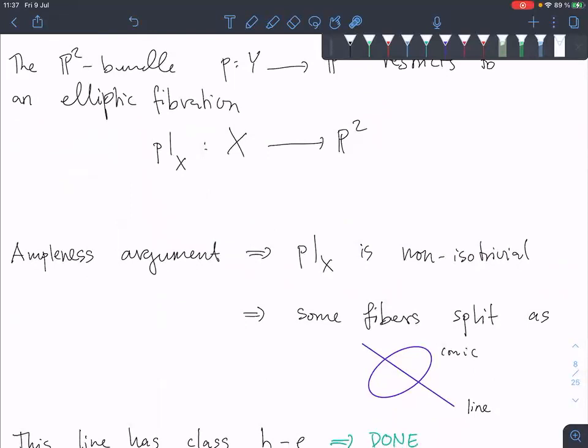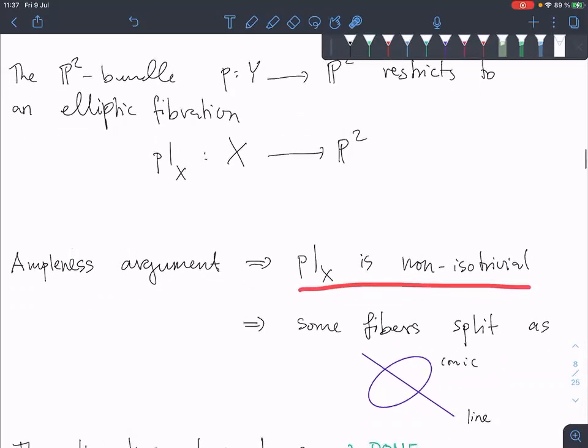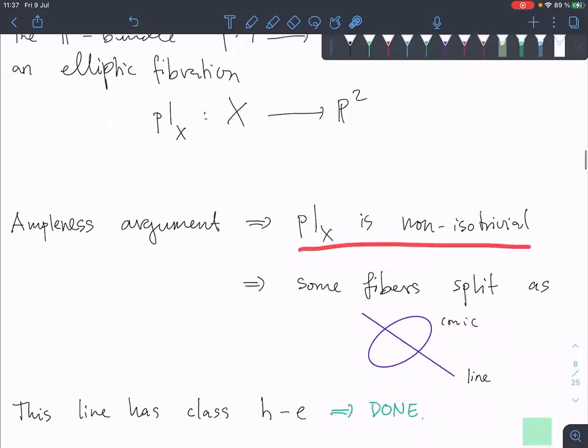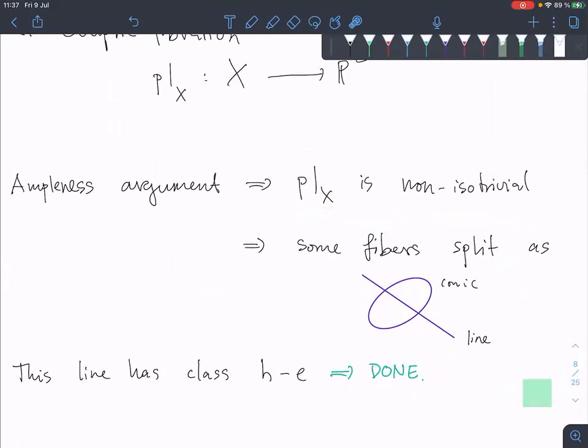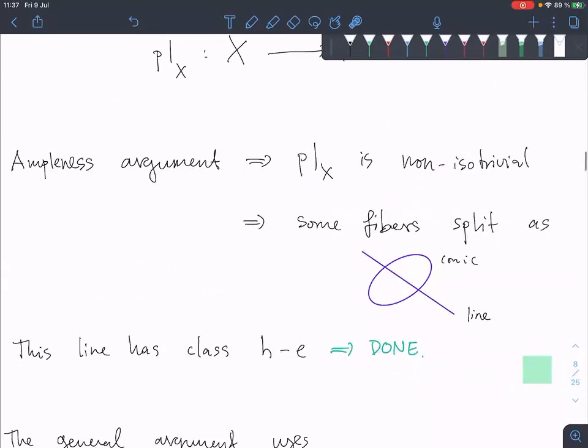Here we have to actually do something a little bit more involved. You have to use some sort of ampleness, implying that this elliptic fibration here is non-isotrivial, and in fact it's a little bit more than non-isotrivial. We need that some of the fibers have to split into a union of a conic and a line.